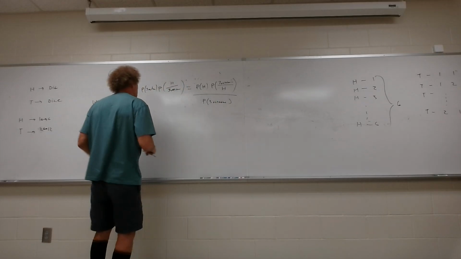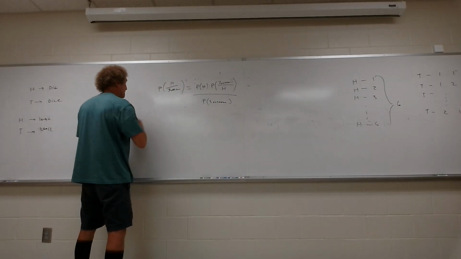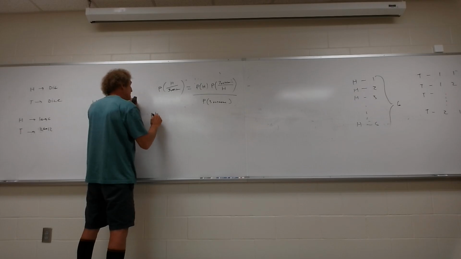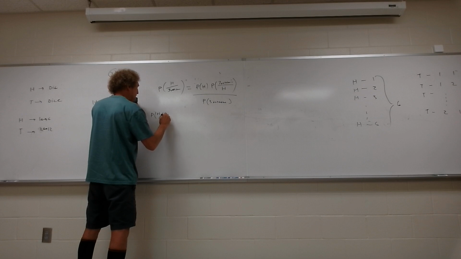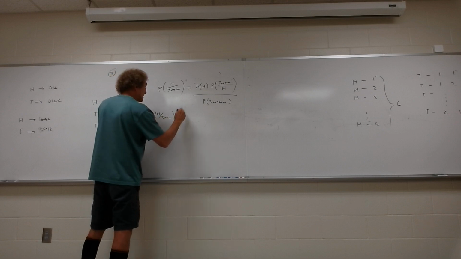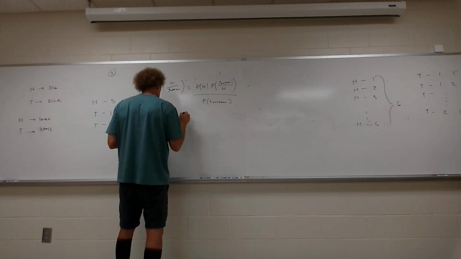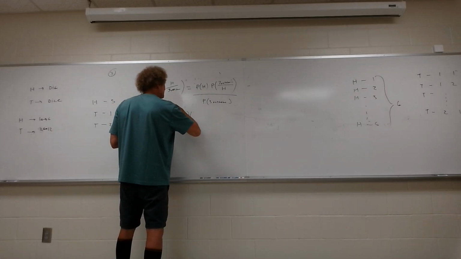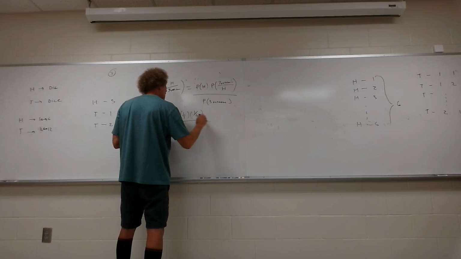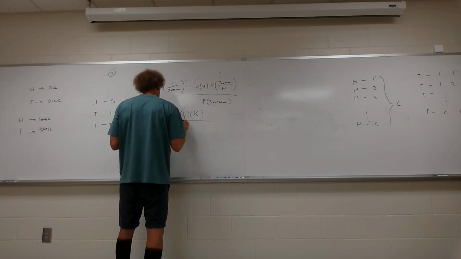And I want that bit of information: what is the probability of a head given a 3 was rolled, or 3 was the outcome? Well, the probability of a head is 1/2. And the probability that 3 was the outcome given a head was rolled is 1/6, over the probability 3 is an outcome.